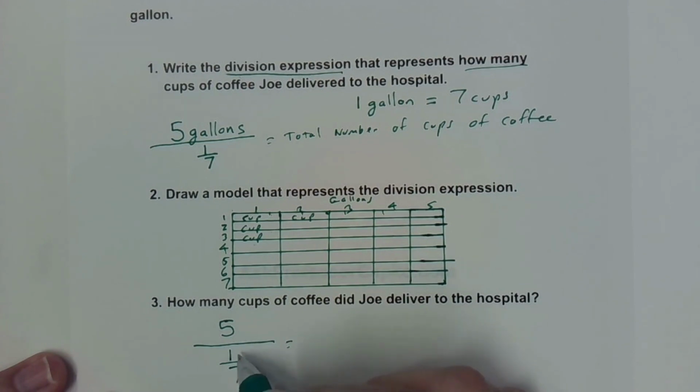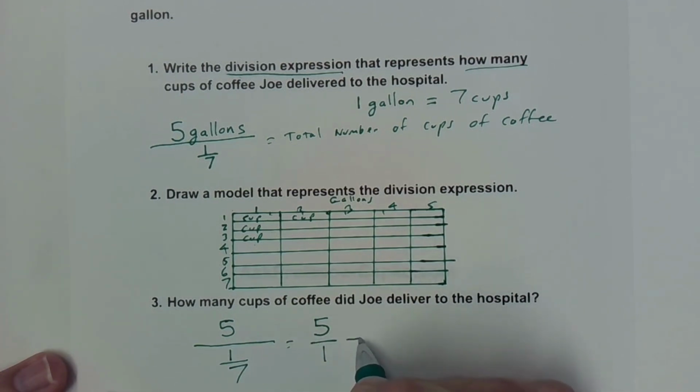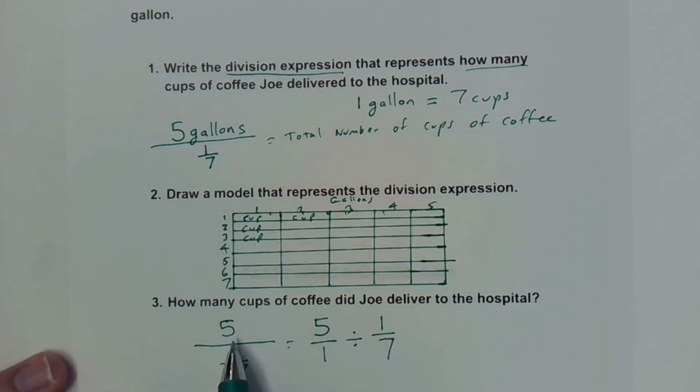I'm going to write the 5 over 1 because 5 is the same thing as 5 over 1, and we're dividing it by 1/7. So I'm just rewriting it this way. This is saying 5 divided by 1/7 because the fraction is the same thing as a division problem. I'm going to write 5 over 1 divided by 1/7.